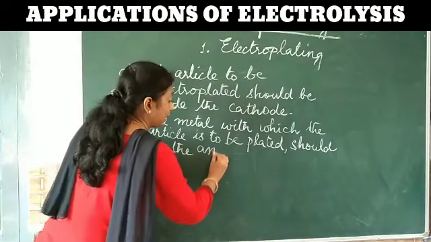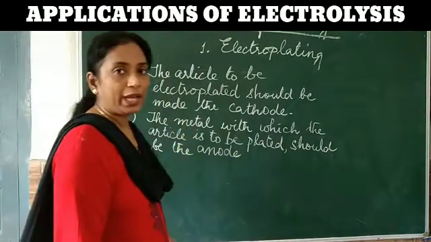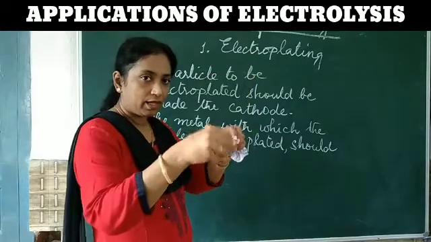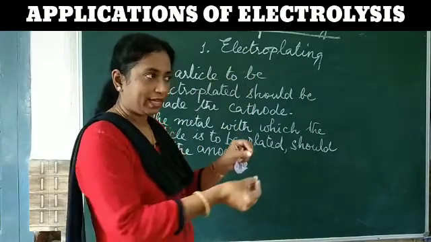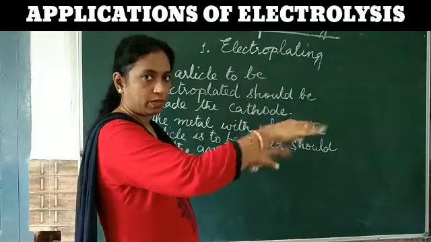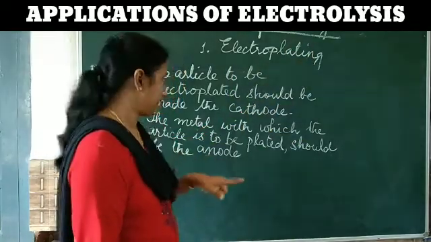Okay, the pure metal, pure thin strip of metal should be made the anode. So from the anode, the active anode, the ions will get into the electrolyte and come to the cathode to get deposited. Okay, so the anode should be the metal with which you want to electroplate.